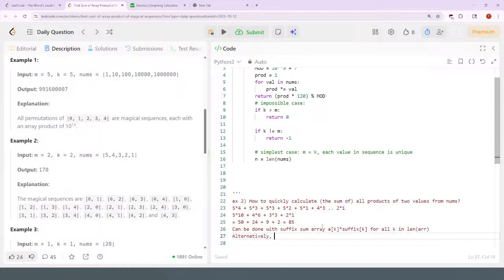Alternatively, I can do array at k times prefix array at k for all k in range of length of array.